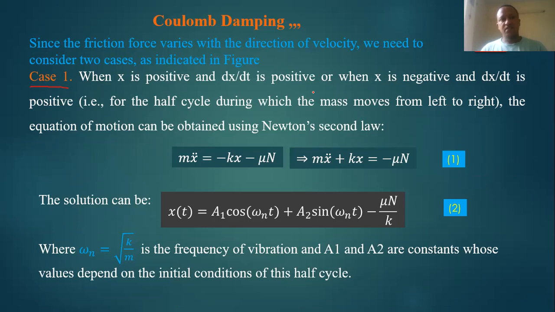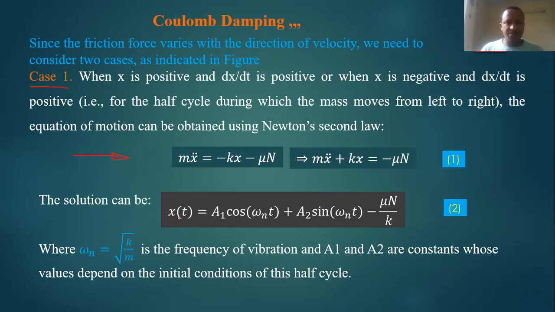We can say when an object moves from left to right with constant motion, then for the half cycle during which the mass moves from left to right, the equation of motion can be this. This is the motion from left to right.